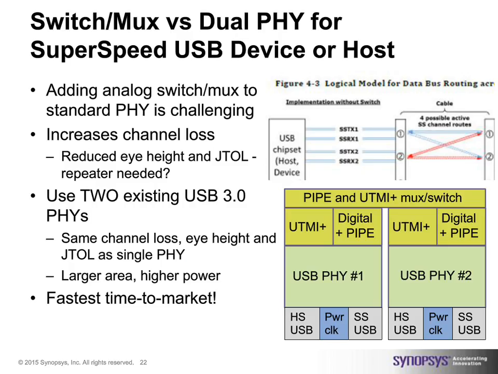You have the same channel loss, eye height, and jitter tolerance as a single PHY. There is a larger area, there is a slightly higher power, but remember you're only using one PHY or the other, so you can power off the one that you're not using. So it's not such a bad solution as it looks, but it's not perfect, I have to admit.